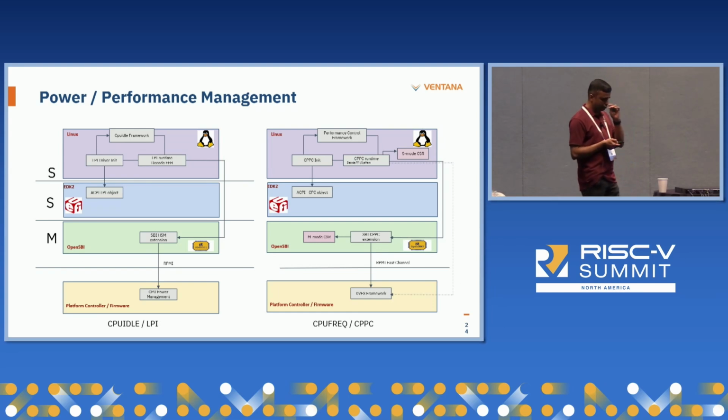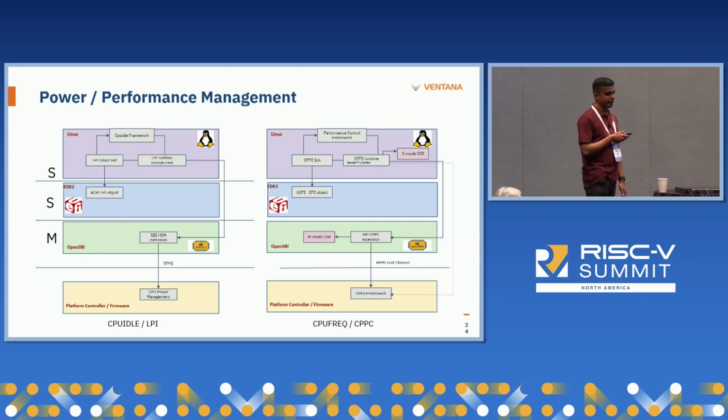For these two technologies, ACPI CPPC and LPI, the registers, the data can be anything. It can be either memory data register or it can be something called FFH, fixed feature hardware. Fixed feature hardware is architecture specific, and each architecture maintains its own specification for how to decode and handle that particular register.